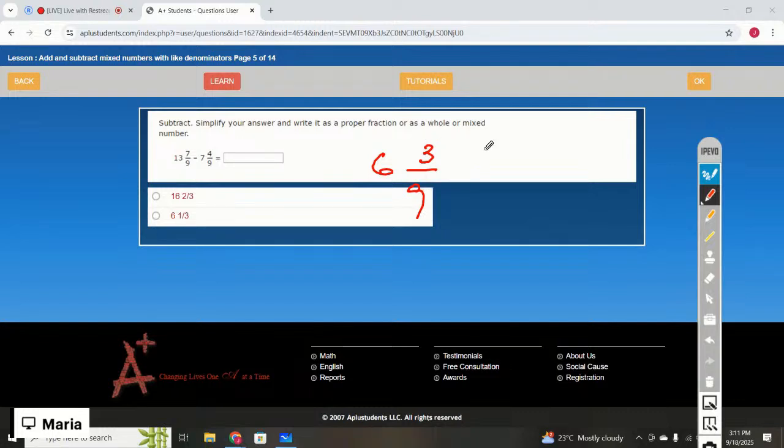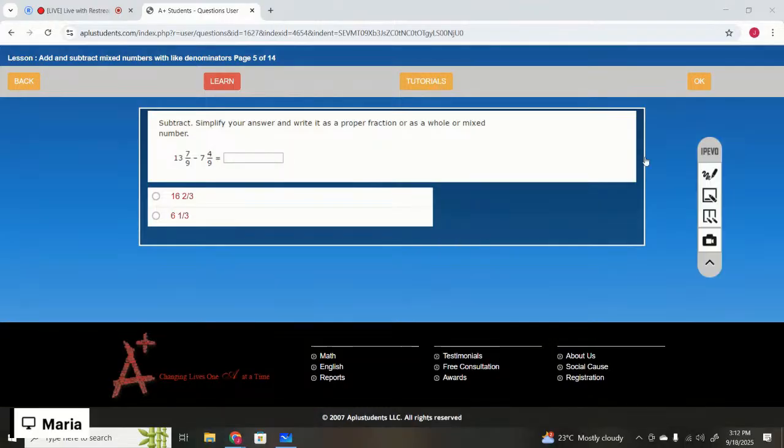And 9, that is 6 whole 3 by 9. Divide them by the common factor, that is 6 whole 1 over 3. The correct option is 6 whole 1 by 3. Option number 2 is the correct option.